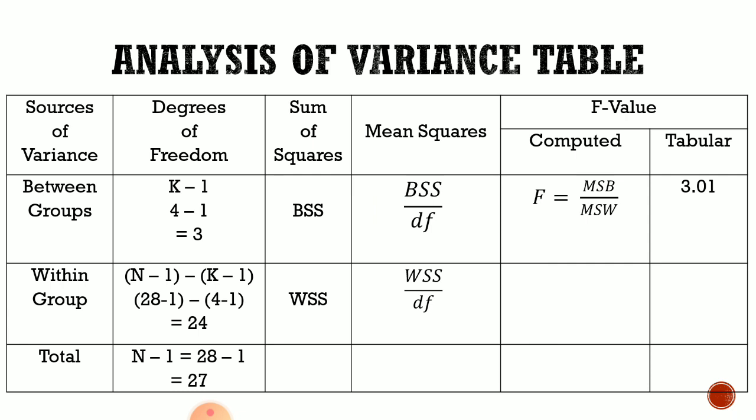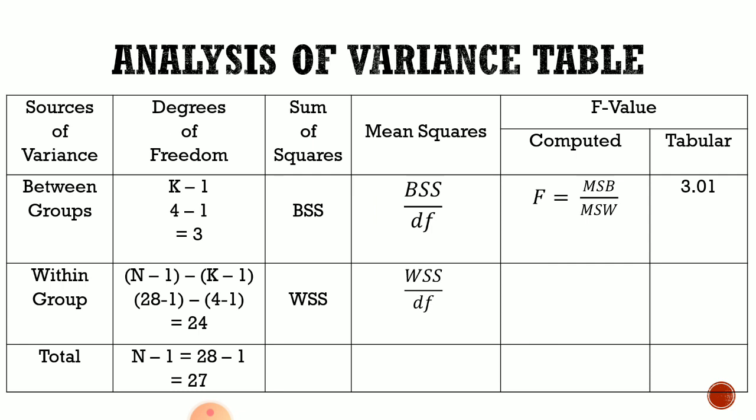And for the total, that is n minus 1, which is equal to 28 minus 1, is equal to 27. Or you can just add the degrees of freedom of between groups and the within group. So that is 3 plus 24, which is equal to 27.